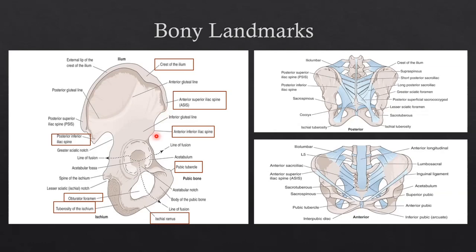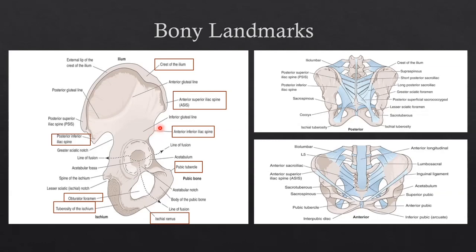Moving down here, we have our anterior inferior iliac spine. Now, this particular bony landmark is critical only because this is where our rectus femoris originates. Our rectus femoris is one of the four muscles that make up the quadriceps group. So our quadriceps consists of our rectus femoris and our vastus group. Vastus group meaning our vastus lateralis, medialis, and intermedius.